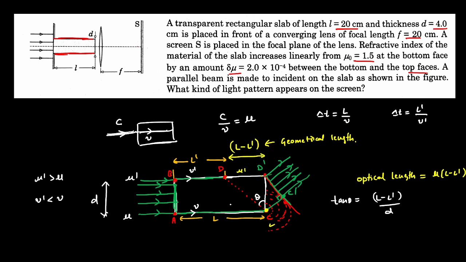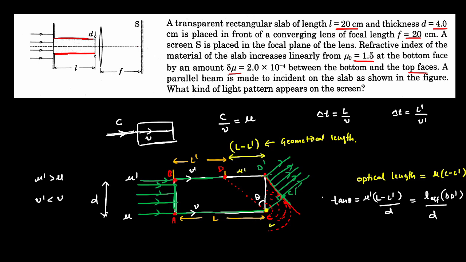Now, instead of writing L minus L dash, you need to write mu dash times L minus L dash by D. Why are we doing this? Because D to D dash is the effective length. The effective length between D to D dash by the distance D is what we are considering. That will decide this theta.